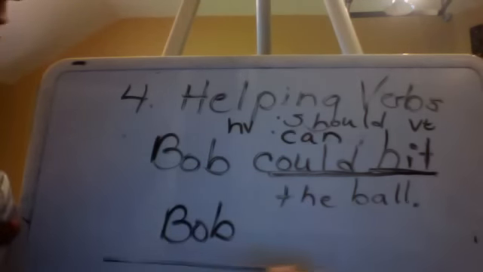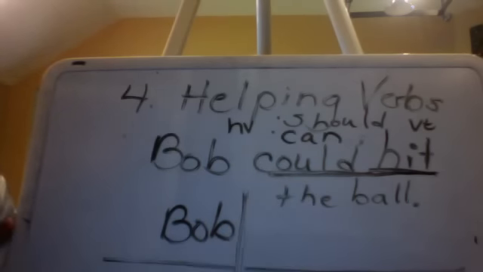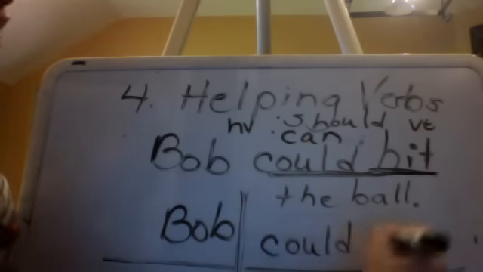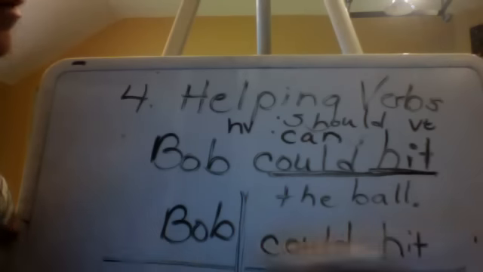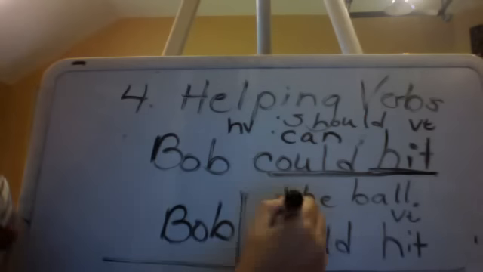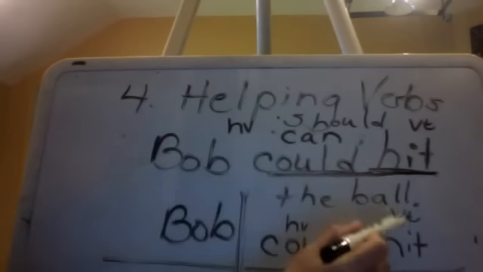We have our line here, and this up and down line is our subject verb line. Bob, and then we would put could hit. We would label this verb transitive, and we would label this helping verb. So if I asked a question, what is the verb phrase in this sentence? The answer would be could hit, and it would be composed of a transitive verb and a helping verb.